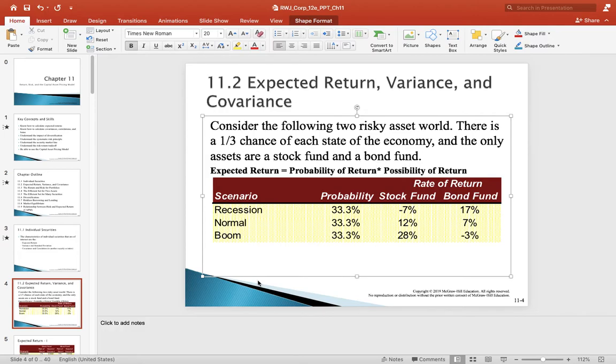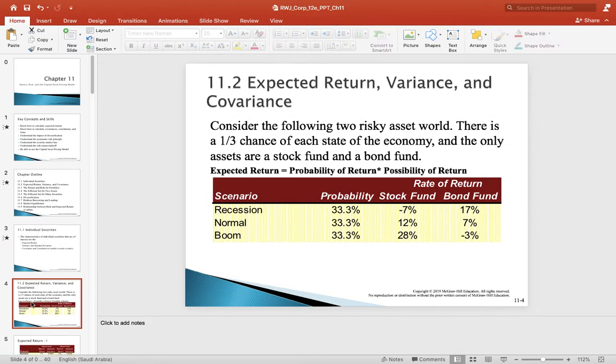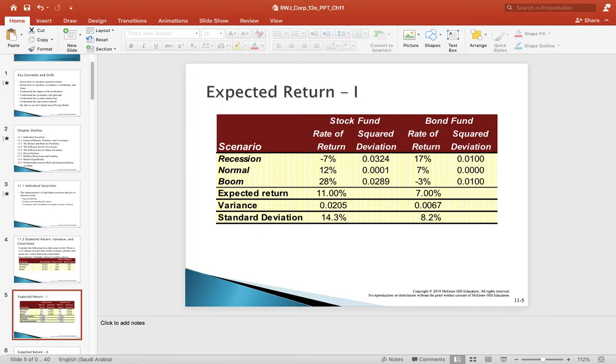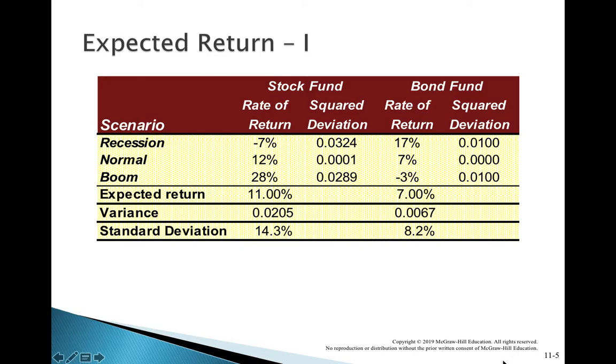Now for the bond fund, 17% multiplied by 1/3 plus 7% multiplied by 1/3 plus minus 3% multiplied by 1/3 will be the expected return for the bond fund. This is the way we calculate the expected return. So the probability of return multiplied by the possibility of return will give you the expected return.